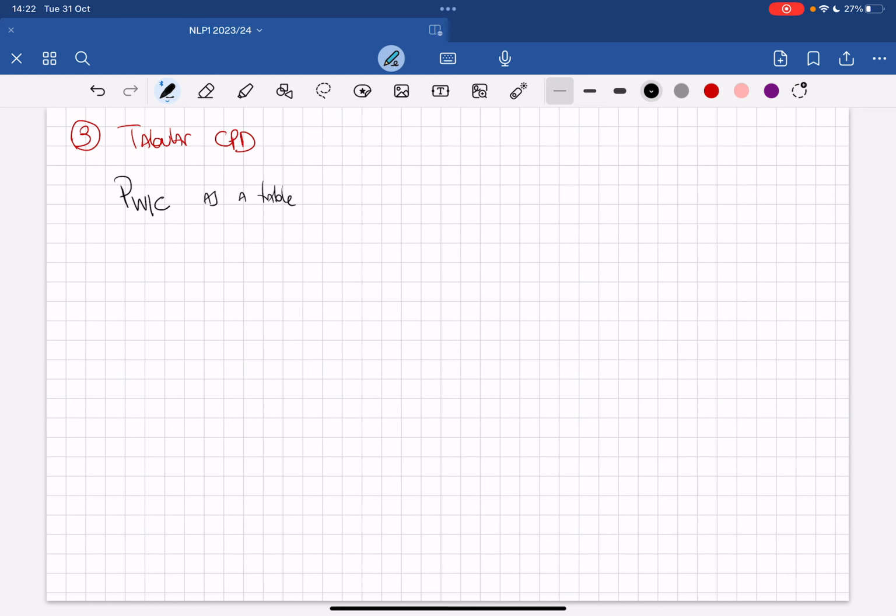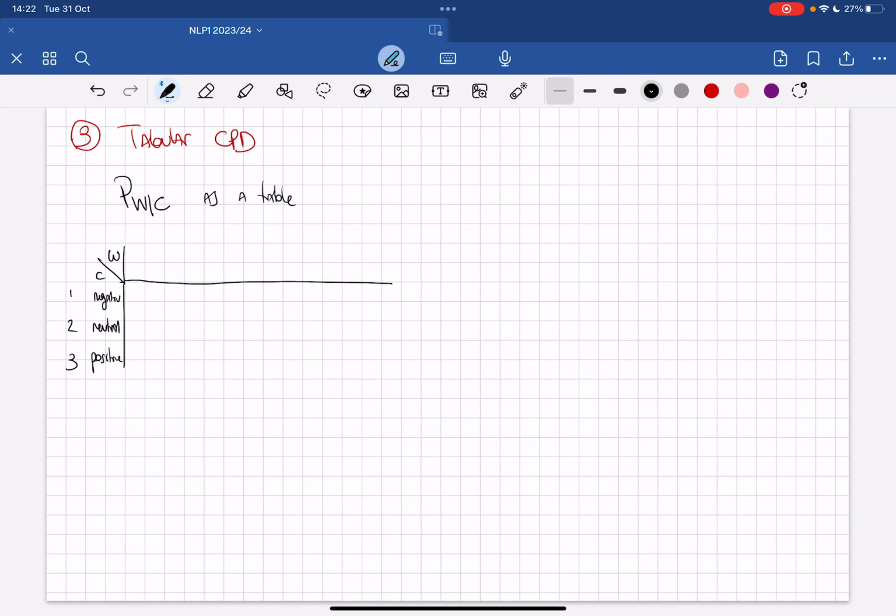The table could be visualized as something like this. So here you have the outcomes of C, here you have the outcomes of W, and maybe you have negative, neutral, and positive. Right, maybe this is the first, the second, the third coordinate.